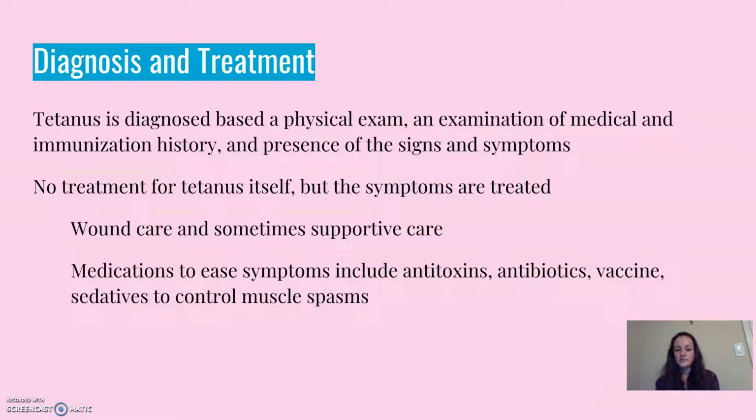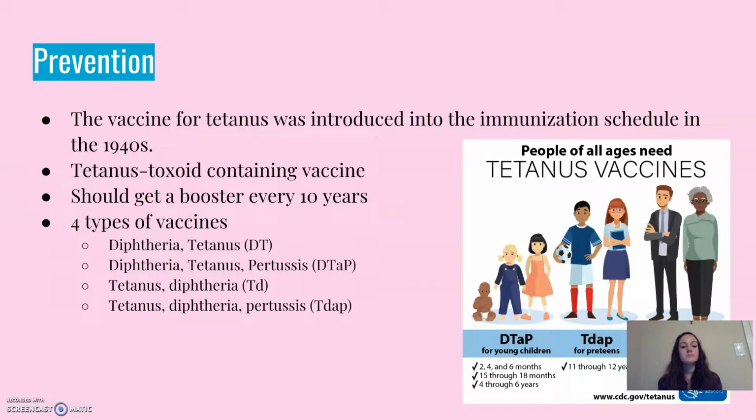There are medications to ease the symptoms, which include antitoxins, antibiotics, and the vaccine, which are given to help your body get rid of those toxins that haven't bound to your neurons yet, so it can decrease the severity of the disease. And then you also get sedatives in order to control the muscle spasms, so maybe you can avoid those broken bones.